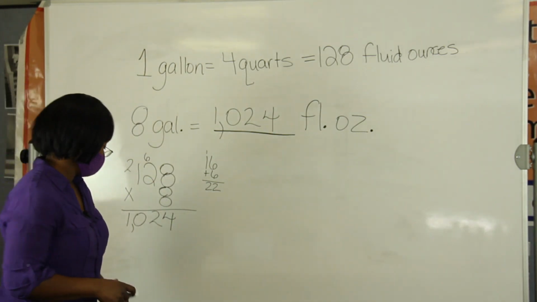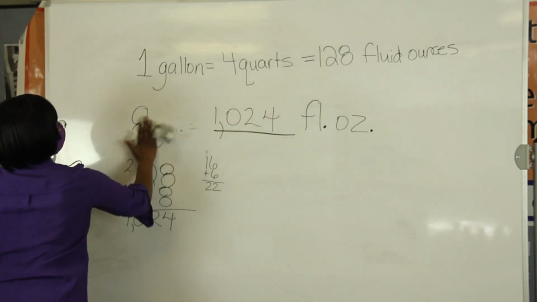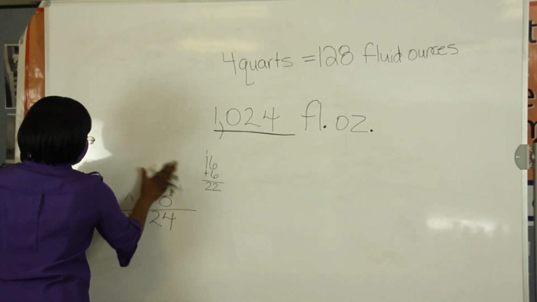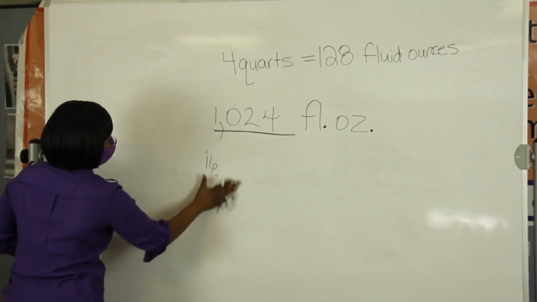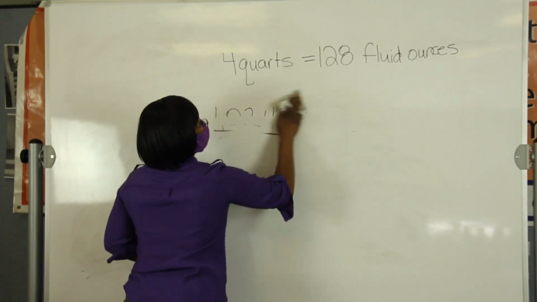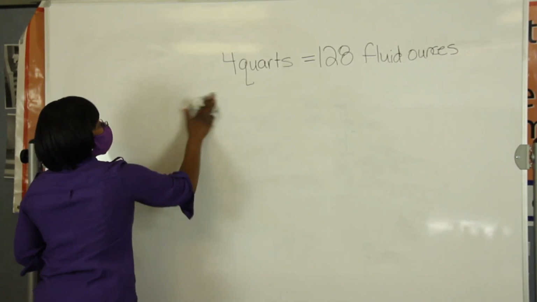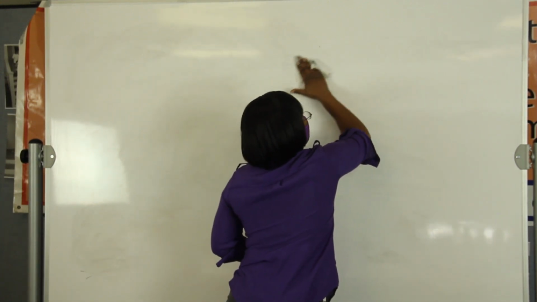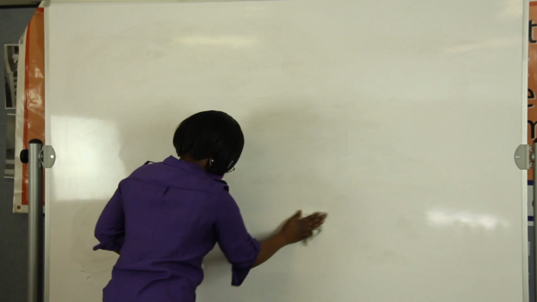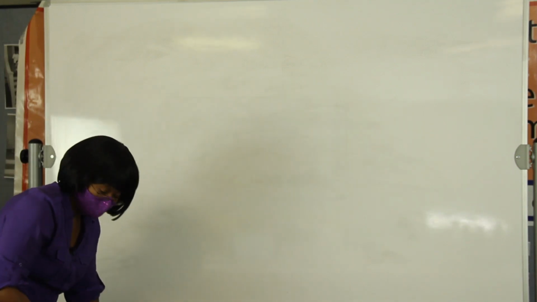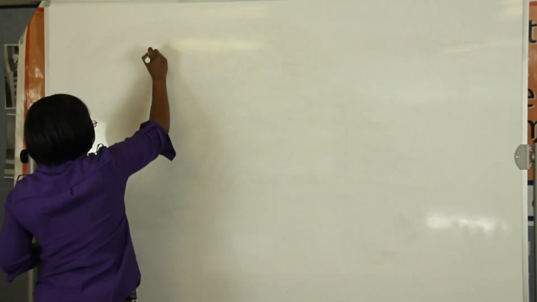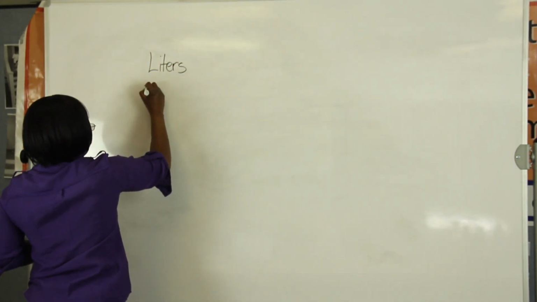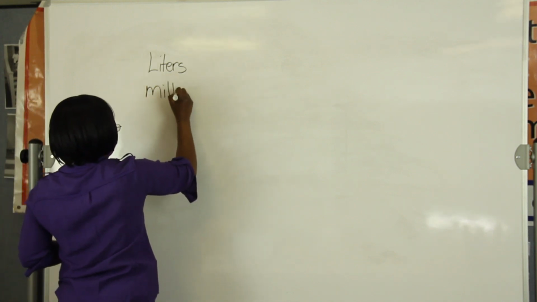Now, let's talk metric system, which is the system that people all over the world use. We've talked about the gallon, the quart, the pint, the ounce. But when you talk about the metric system, they like to use liters and milliliters.